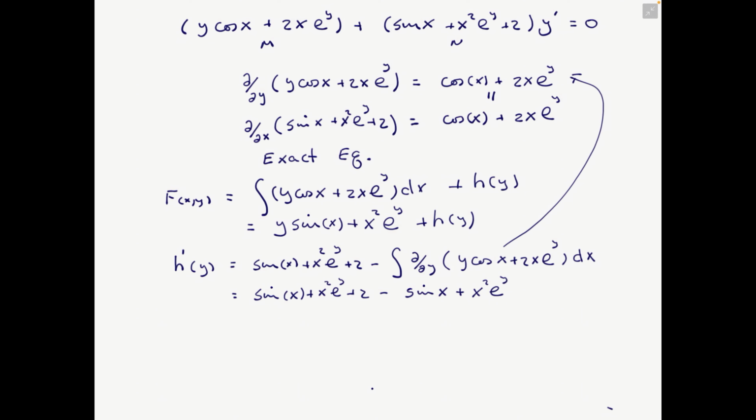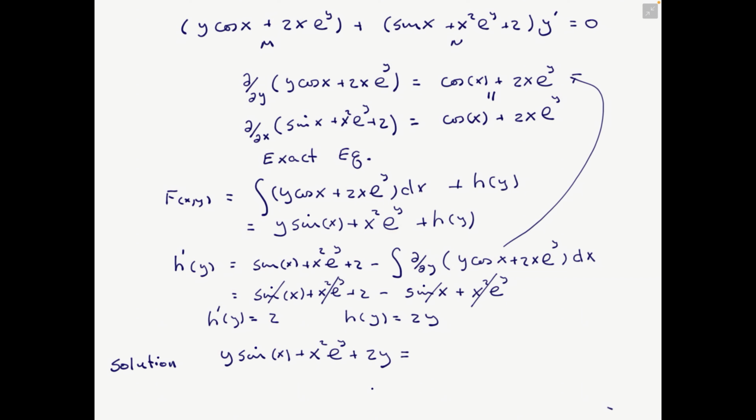There we go. Yes, this differential is that, so we have to integrate that part, which is sine of x plus x squared e to the y, and these cancel, and we're left with h prime of y equals 2. So h of y is equal to 2y.